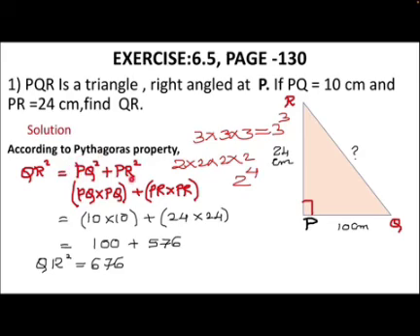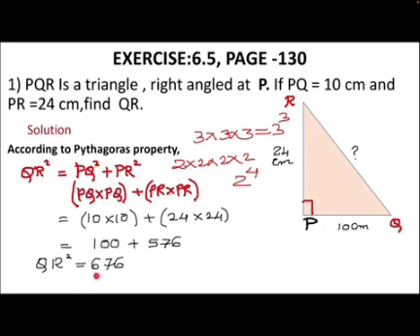Now, QR squared is PQ squared plus PR squared. PQ squared we got as 100, PR squared we got 576. Total is 676. So QR is not 676, but QR squared is 676.